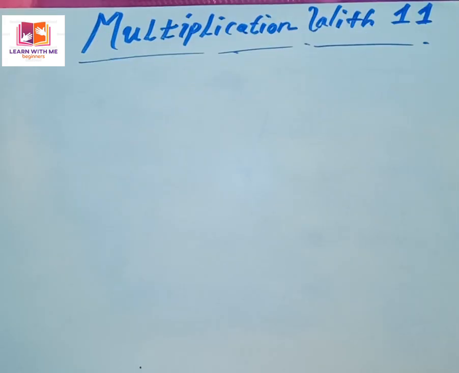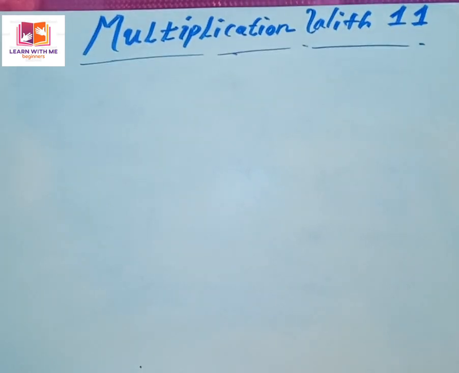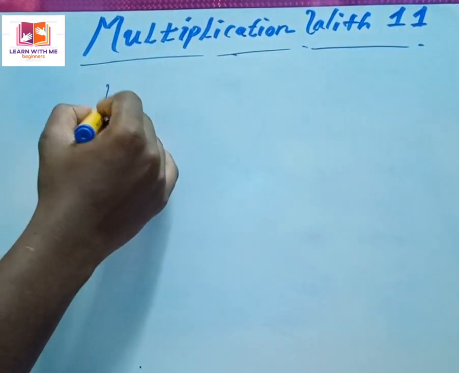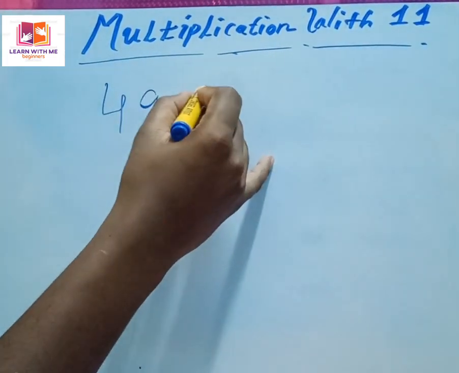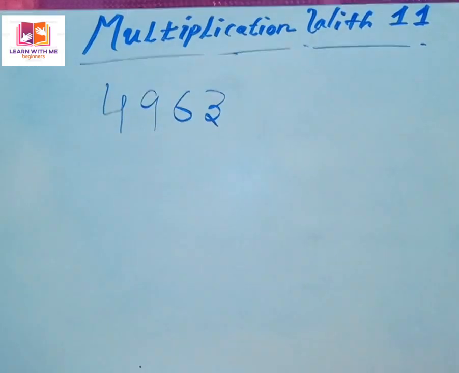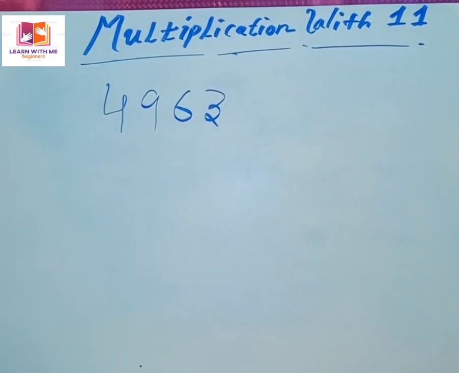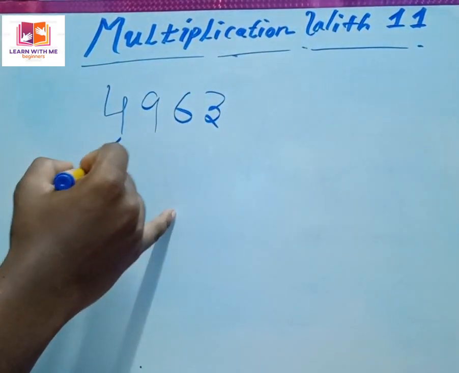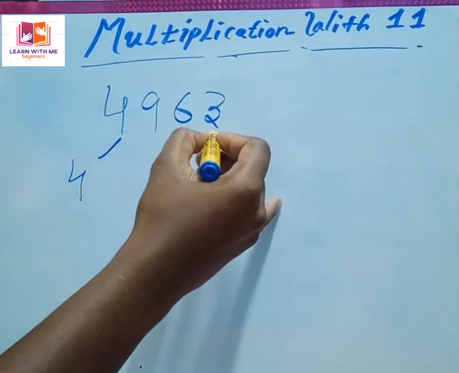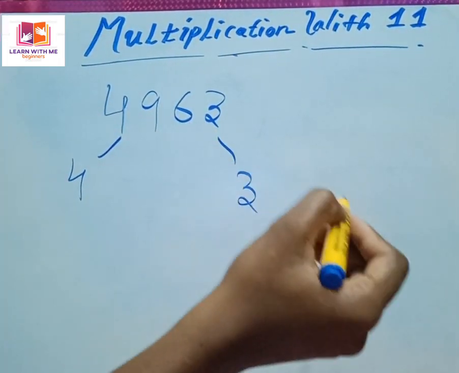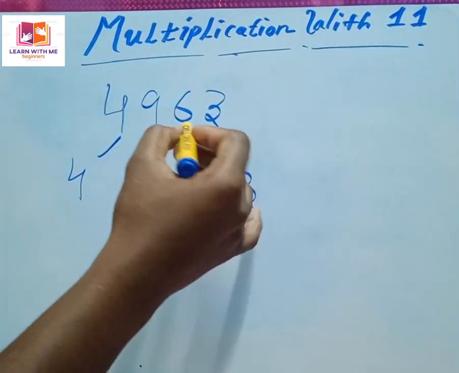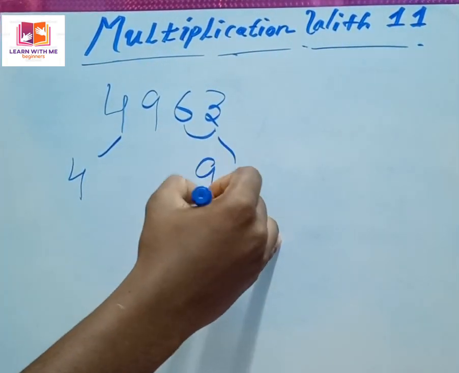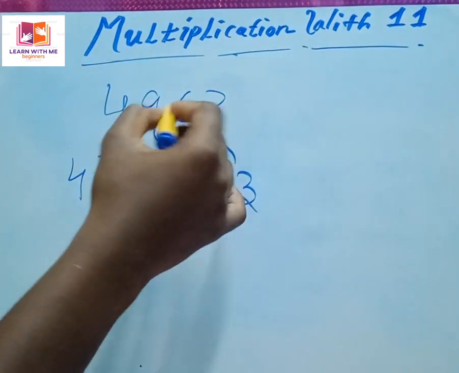Let's see a couple more examples on this. Let me go with a 4-digit number: 4 9 6 3. Similarly, as I said before, write the unit digit here in its respective place. Now you have to add these numbers together. 6 plus 3 is 9, 9 plus 6 is 15.